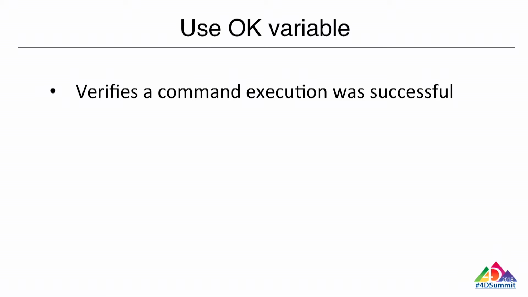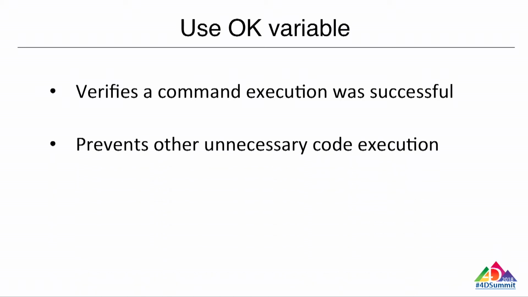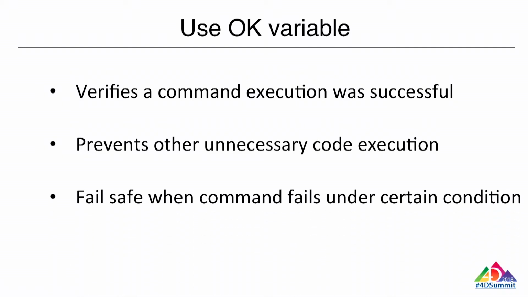So this OK variable can at least give us some sort of verification that we did this right. And then, of course, if we know it's right, we can prevent any unnecessary execution of code. There's a lot of code that we could just omit if the command doesn't work. And it's also a fail-safe under certain conditions.